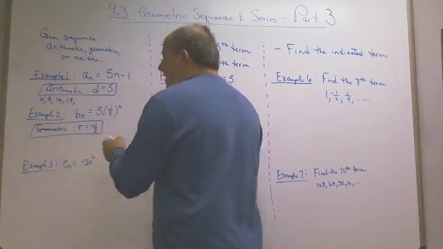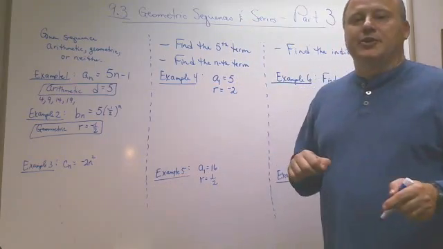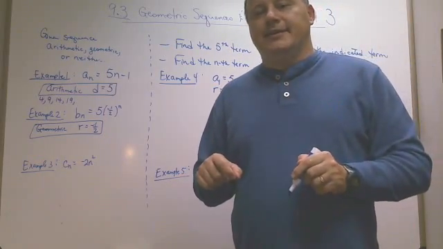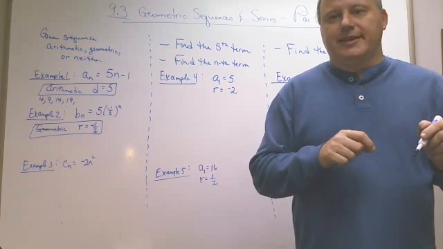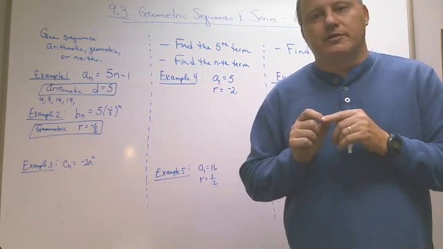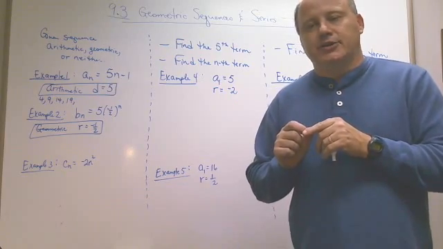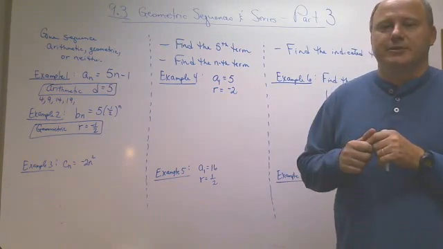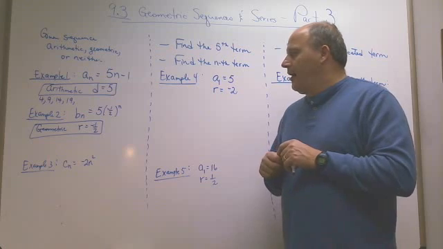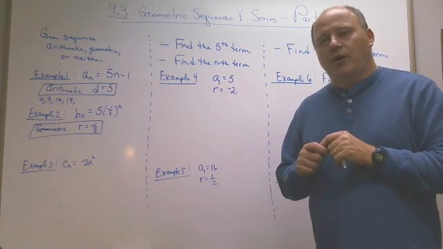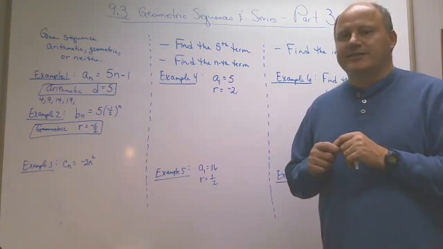But again, you can list out 4 or 5 elements, and you're going to notice real fast that there is not a common gap between them. The gap actually gets smaller and smaller between them, and so it's not arithmetic. So you're hoping for geometric, and it is. It's geometric.